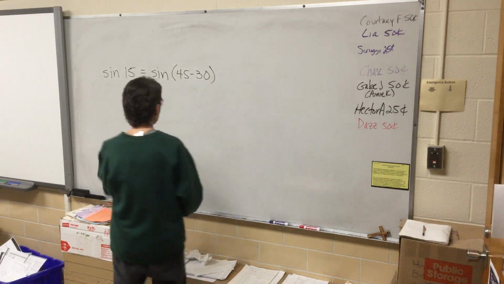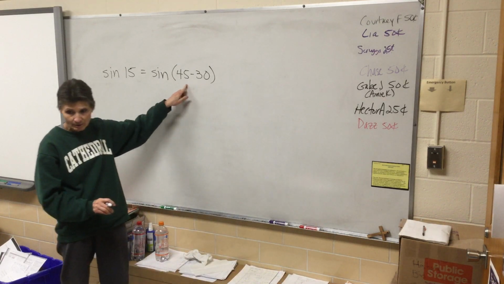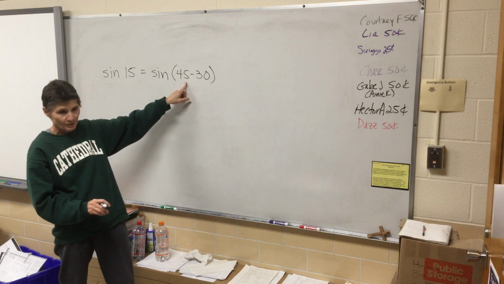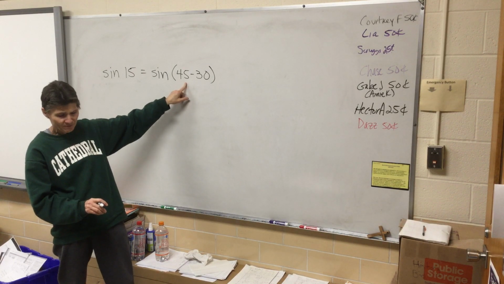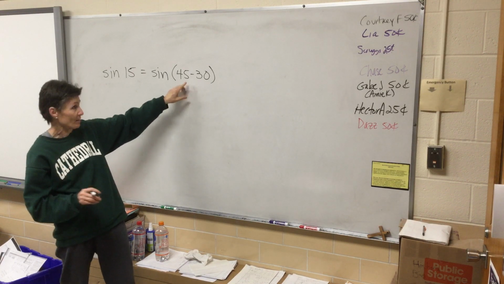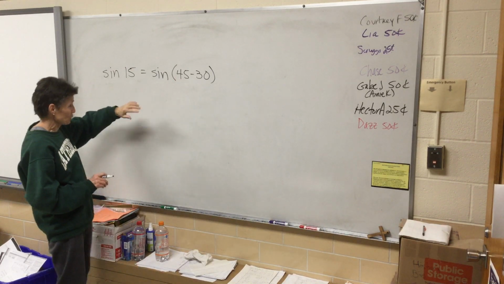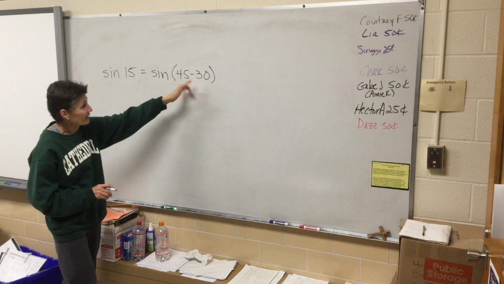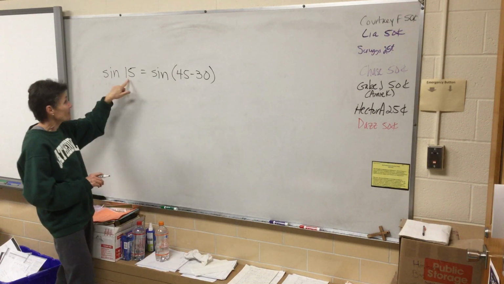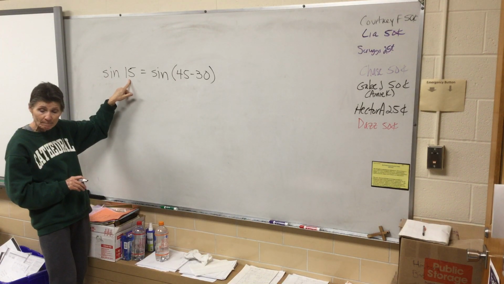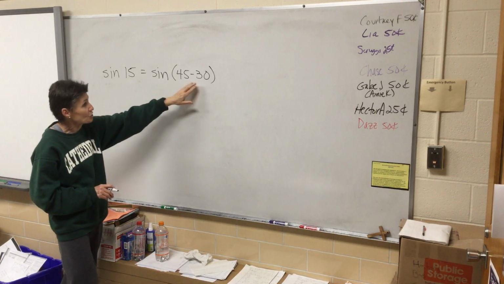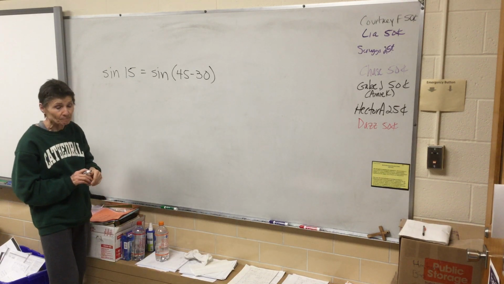Now, I'm not picking random angles here. I didn't pick 50 and 35 or something weird. I picked my special angles. And my job is to find a combination of those that gives me the angle I need. So one combination is 45 minus 30.